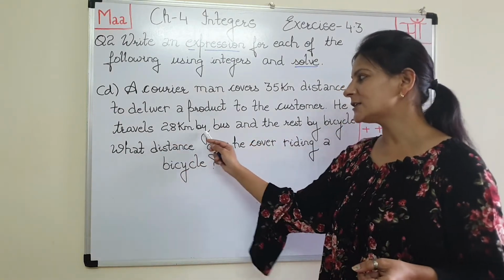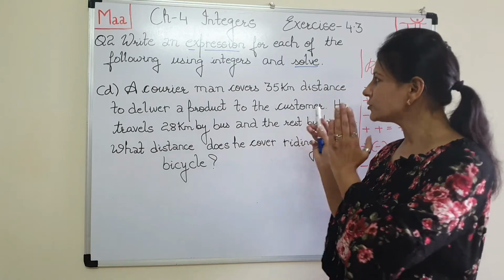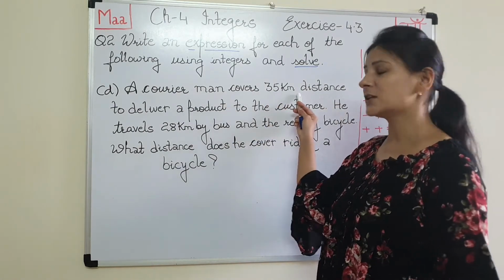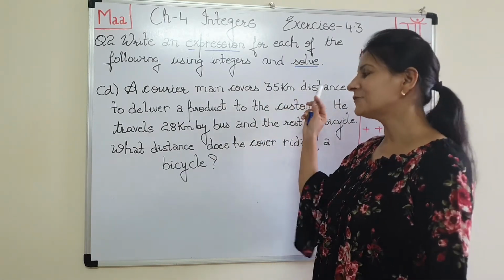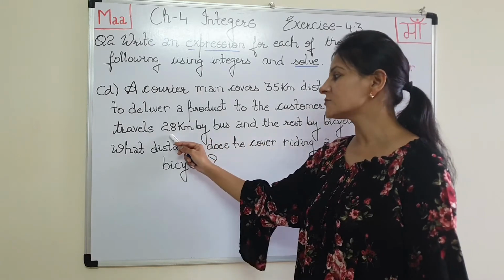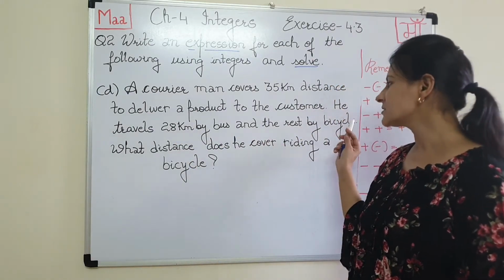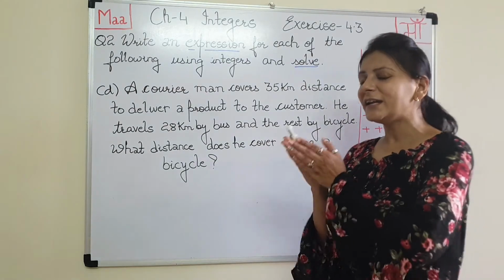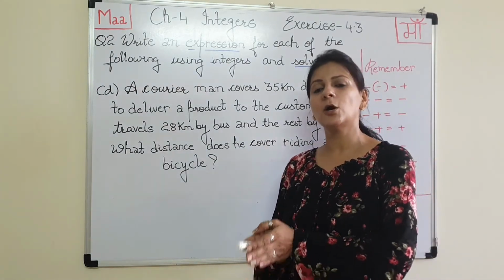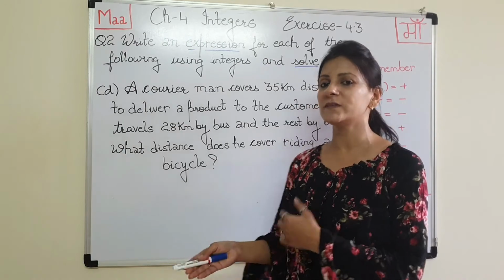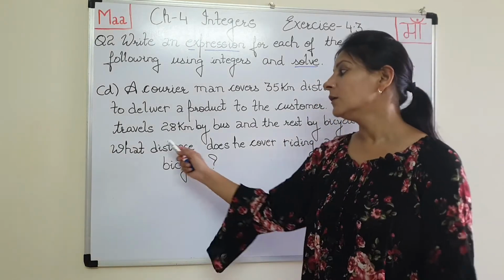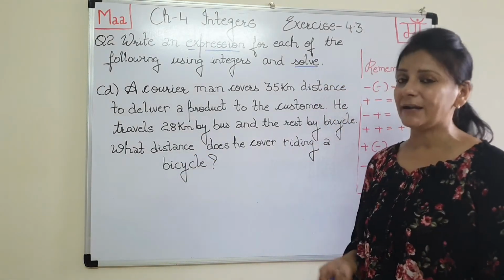He travels 28 किलोमीटर by bus. अब now the total distance was 35 kilometer. Out of that distance he has traveled 28 किलोमीटर बाय बस एंड द रेस्ट बाय बाईसाइकिल. ओके, 28 किलोमीटर तो उसने बस से ट्रैवल करा और जो बाकी का बचा हुआ डिस्टेंस था वो उसने बाईसाइकिल से ट्रैवल करा. सो व्हाट डिस्टेंस डज ही कवर राइडिंग बाईसाइकिल?